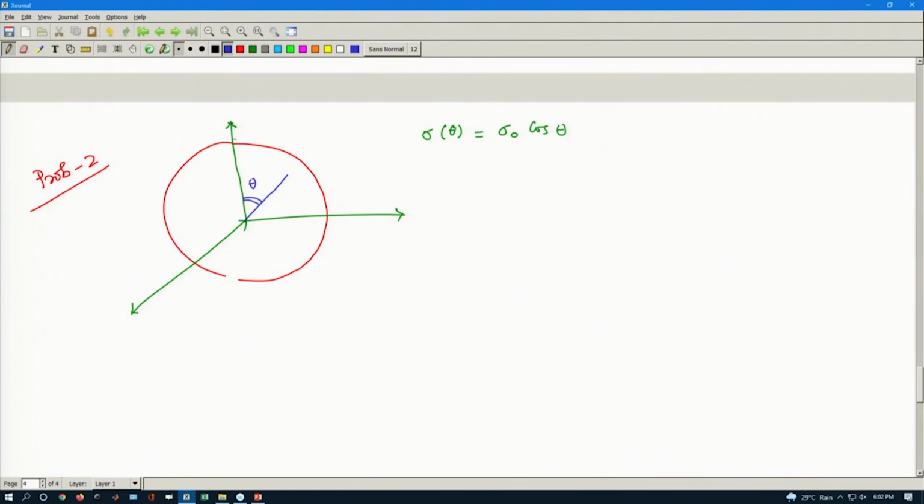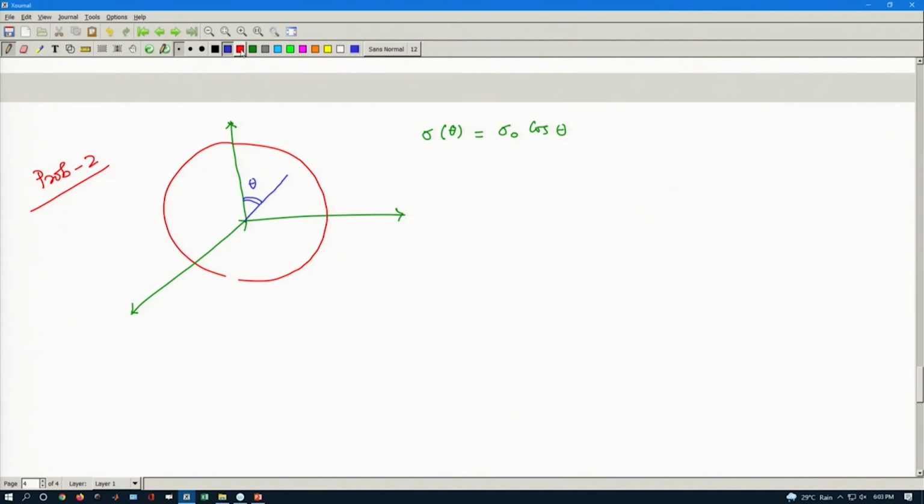When theta is 0, I should have the maximum value here, sigma 0, that is the maximum value, and the charge is distributed like here. But when theta is pi, that is here, the value of cos theta is -1. So, we have all the minus charge. That means the charge is distributed in a very unique kind of way.